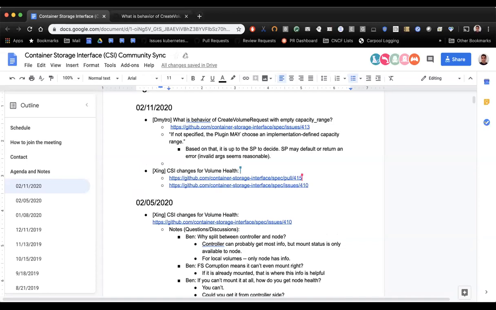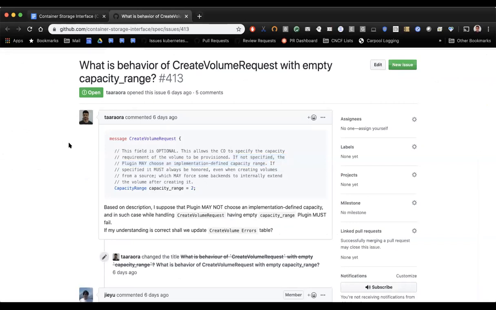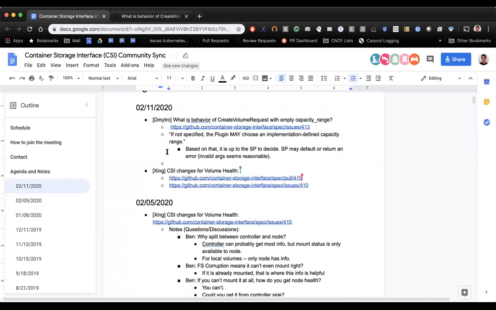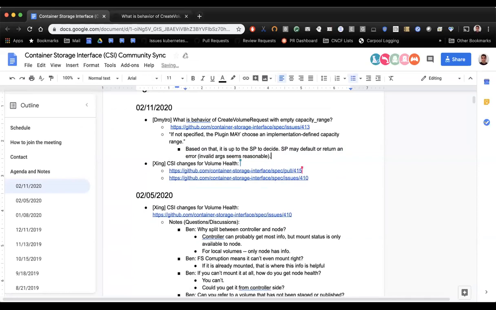I don't know if we need to really be more prescriptive here. Like Ben said, just make sure it doesn't crash. Okay, any more discussion here?